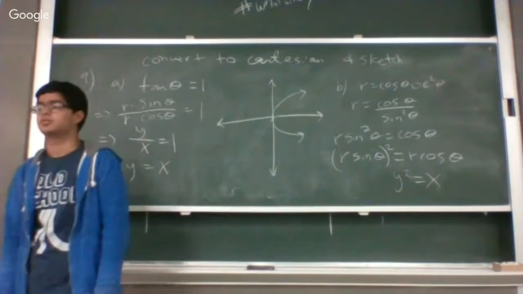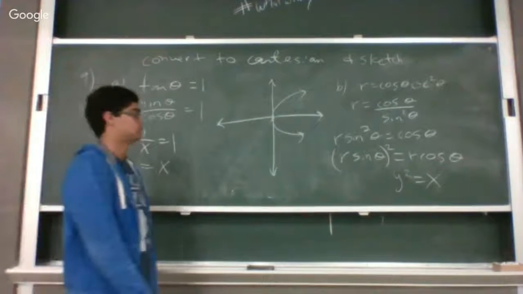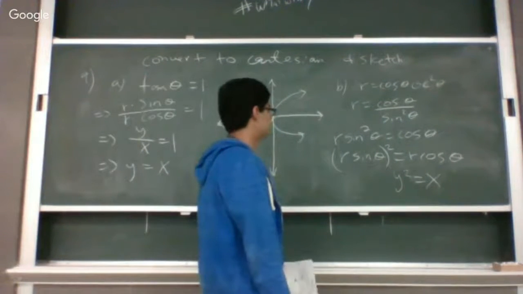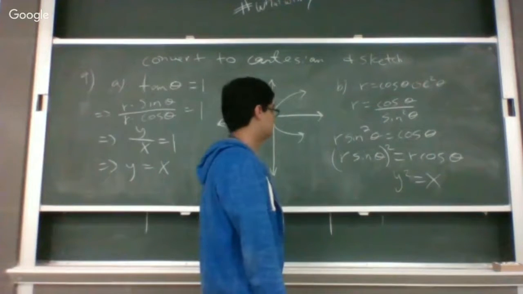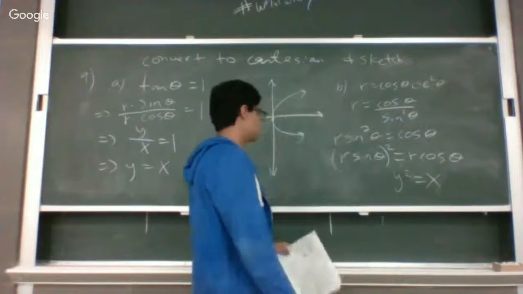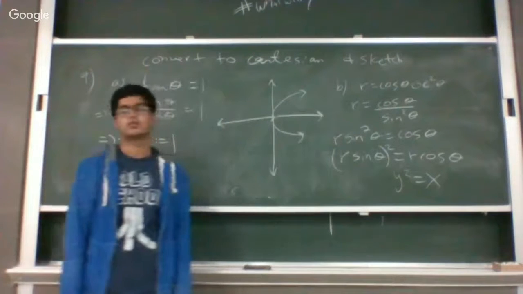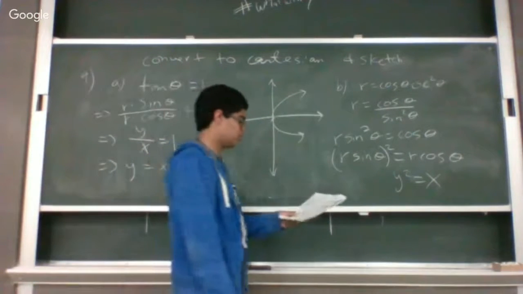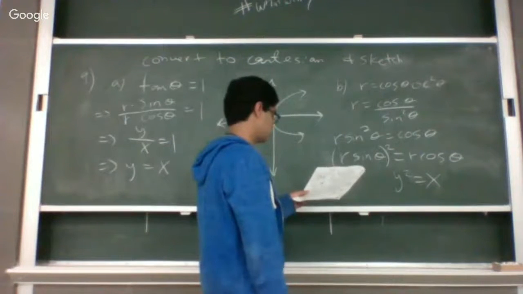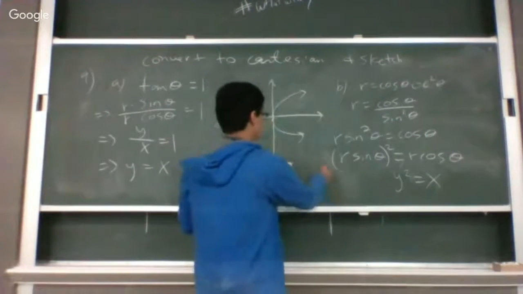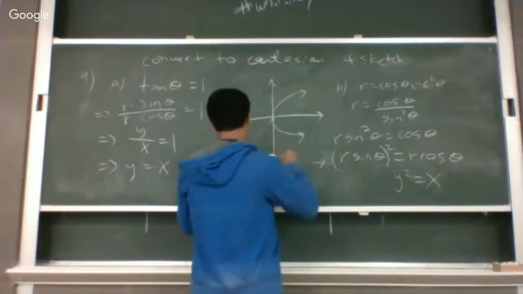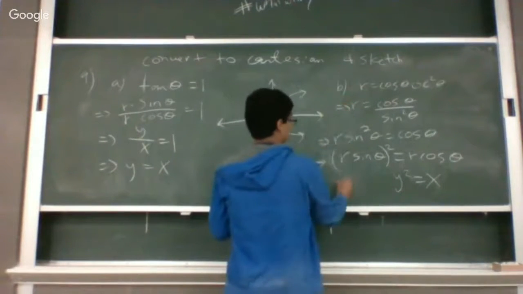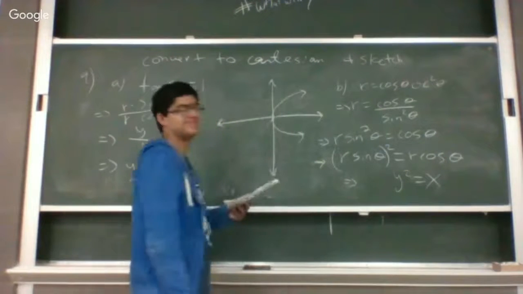Yes? In the step where it's r equals cosine over sine squared, we're just going to multiply both of those by r. Yeah. I wrote everything out. You don't actually need to write everything.